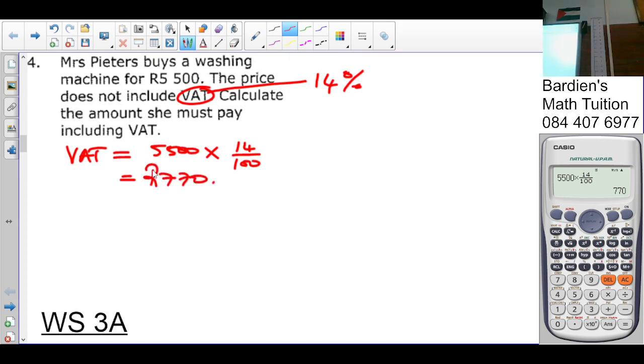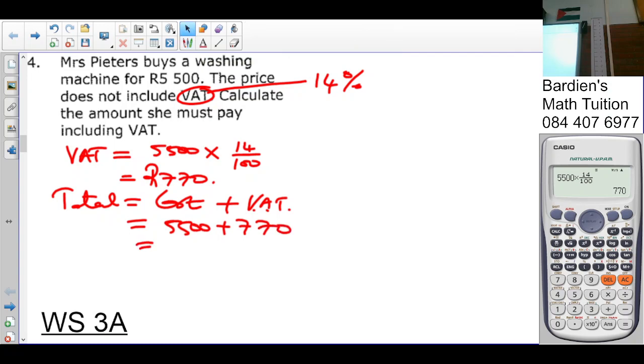So the total price is going to be the cost price plus the VAT, value added tax. So it will be 5,500 plus 770, which is the last answer calculated on the calculator. That gives you 6,270.